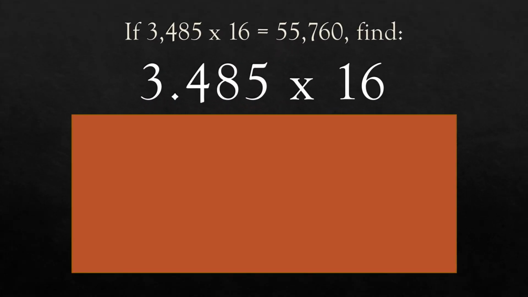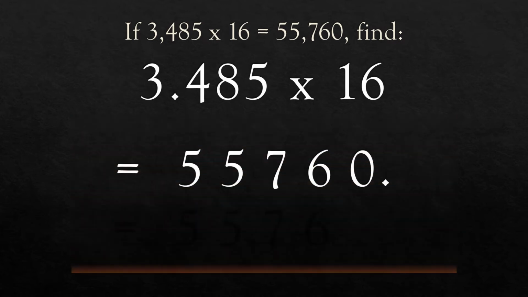Let us take one more example. If 3,485 multiplied by 16 is equal to 55,760, find the product of question number C, 3.485 multiplied by 16. In this question also, if we ignore the decimal point, the product remains the same. That is 55,760.